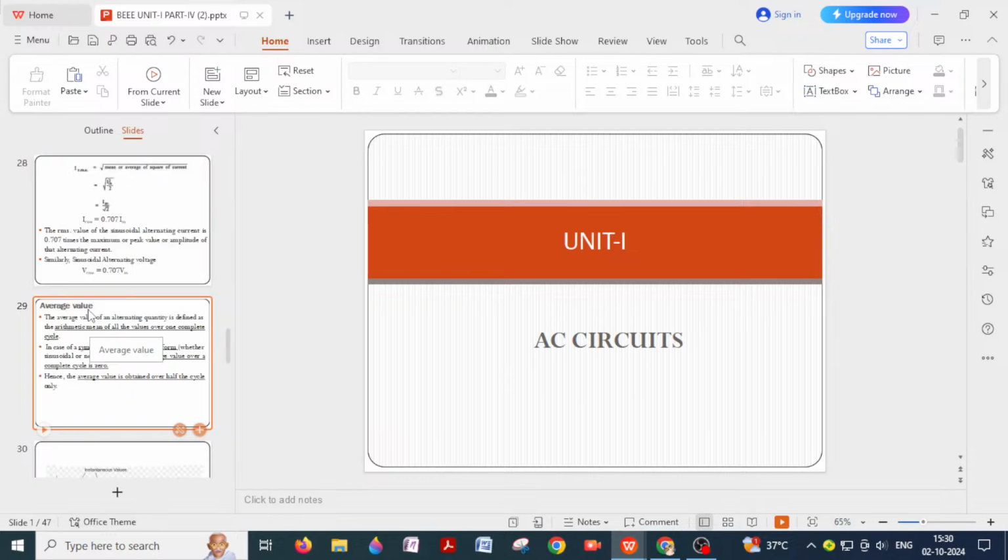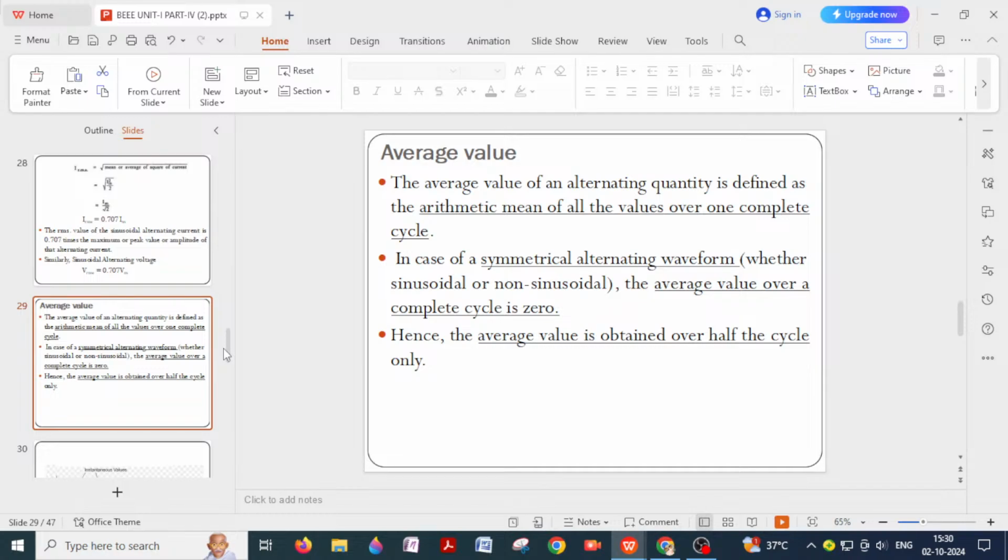Let us see what is meant by an average value. Here we are discussing AC circuits, therefore alternating quantities.